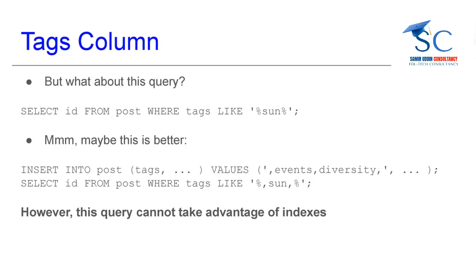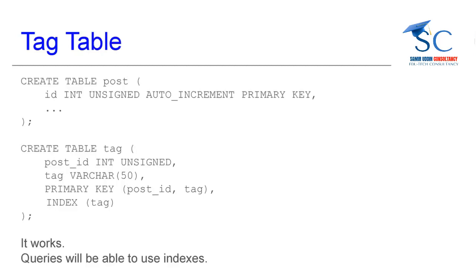So the second example is slightly better. You basically use a separator, and you add the separator also at the beginning and at the end of the string. But still, it is not good because the select that you need to extract that tag is not optimized.